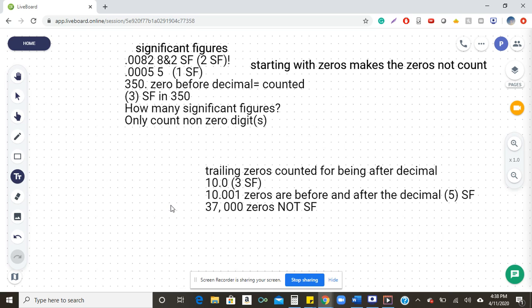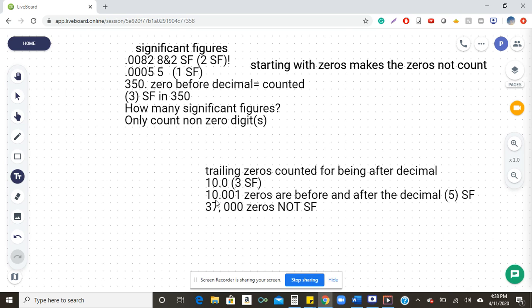So again, finally, trailing zeros. Trailing zeros can be counted if they come before a decimal and after a decimal, if there is a number before the decimal.